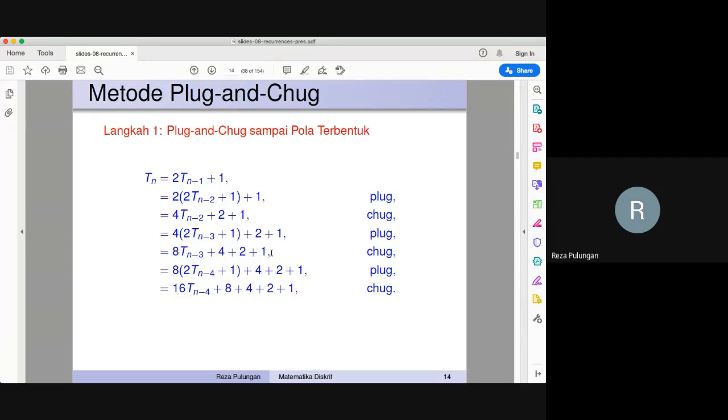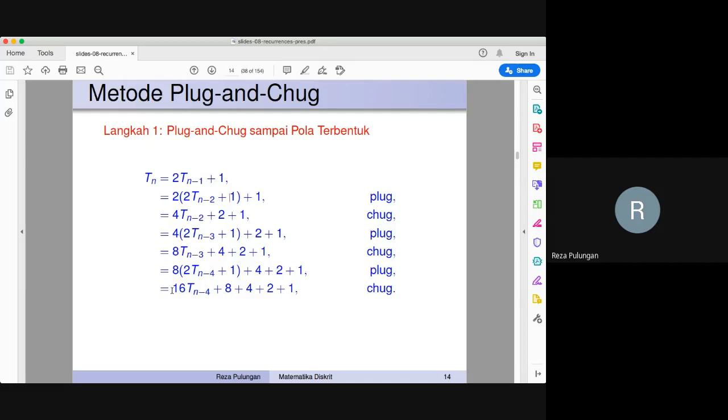Let's say that I am not able yet to see the pattern. I perform one more plug. What is Tn minus 3? Tn minus 3 is equal to 2 Tn minus 4 plus 1. And then I plug it into this one, and then I perform chugging. Chugging will be 8 multiplied by 2, 16, plus 8, plus 4, plus 2, plus 1.